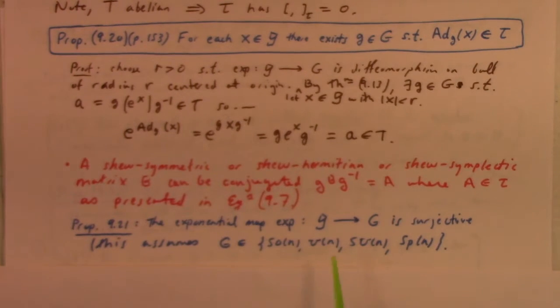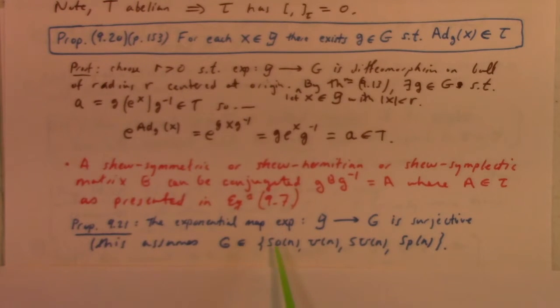The exponential map from the Lie algebra to G is surjective. Well, that assumes that G is either SO(n), U(n), SU(n), or Sp(n). That's nice to know.